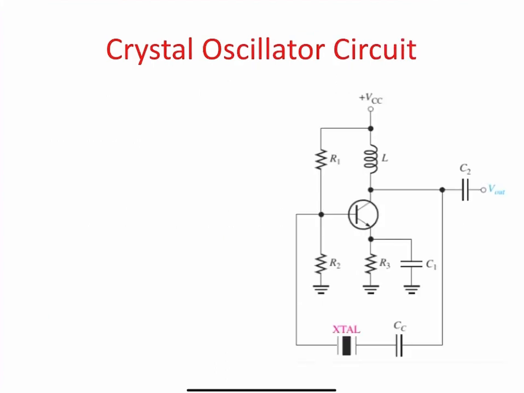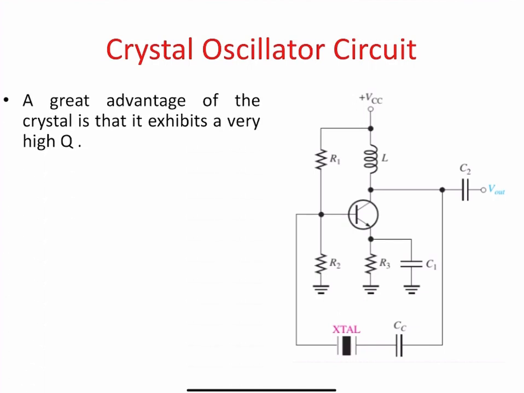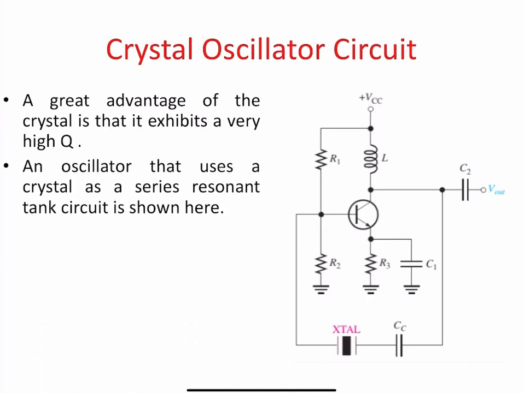Now the crystal oscillator circuit, how the crystal is connected in the feedback network or in the frequency determining network. You can see here the great advantage of the crystal is that it exhibits a very high quality factor. The oscillator here uses the crystal in series. It is known as a series resonant circuit.